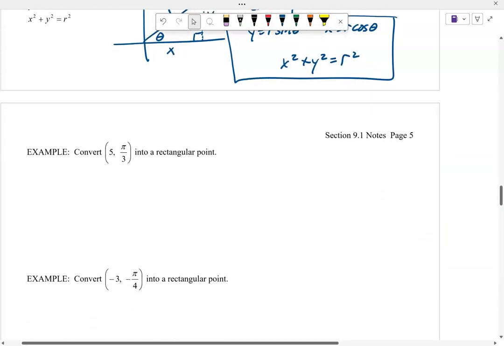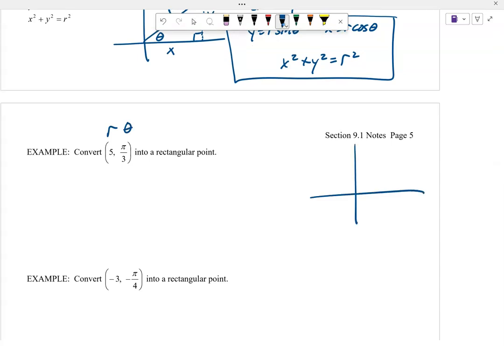So let's convert this polar coordinate, here's r, theta, into a rectangular point. And I'm going to go ahead and draw it first. I'm rotating pi thirds, so 60 degrees, right? I go out 1, 2, 3, 4, 5. I'm right here in polar, right? In polar. What is the xy then?